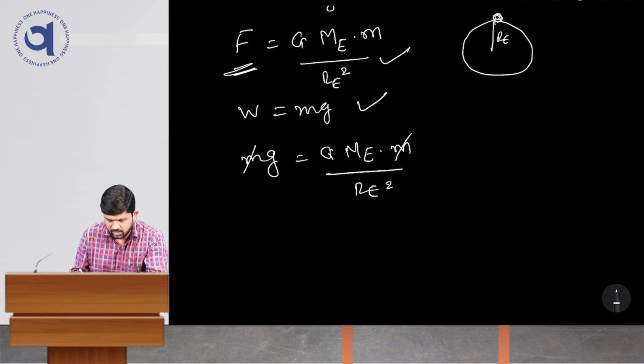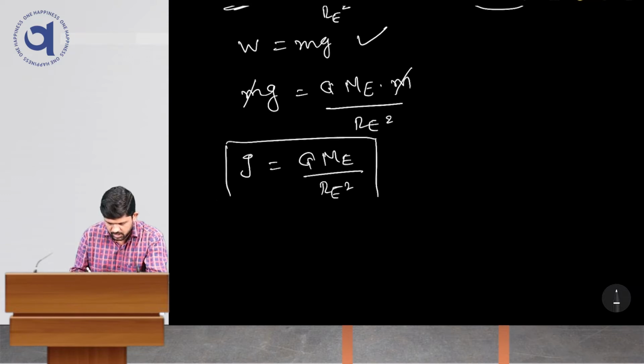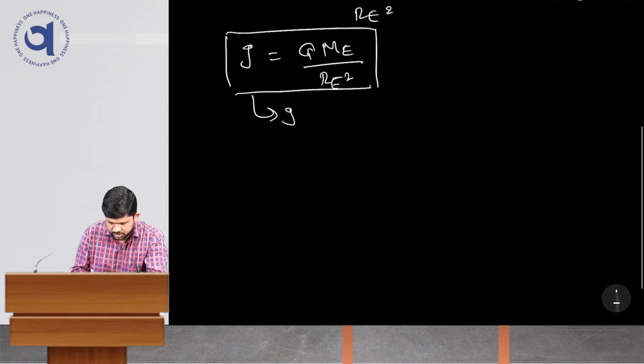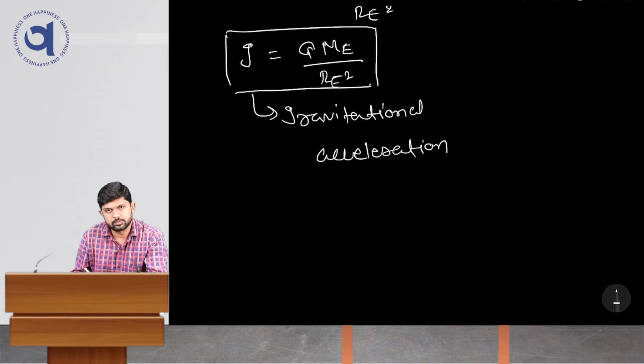If we cancel the mass from both sides, then we get g is equal to G me divided by re square. So this is the equation of gravitational acceleration due to earth.